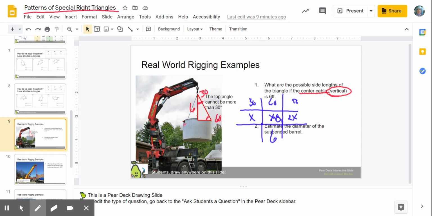So that goes here, which means I've got to set that up in an equation. And I know that's hard to read. Let me write it over here. X square root of 3 equals 6. So how do I solve that? Brilliant. Divided by the square root of 3. They cancel out over here on the left. So x equals.